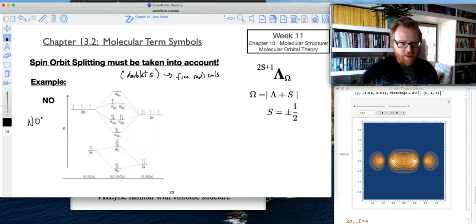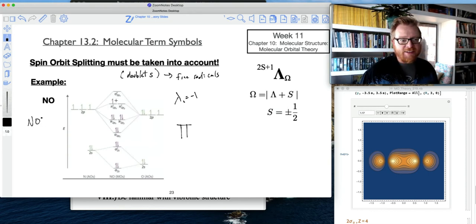Those are all going to turn out to be 0. But now we've got one electron in the X. I can call that -1 or +1. It doesn't matter because of the absolute value. So that's my only lambda value, right? So that's going to be a pi state, okay?